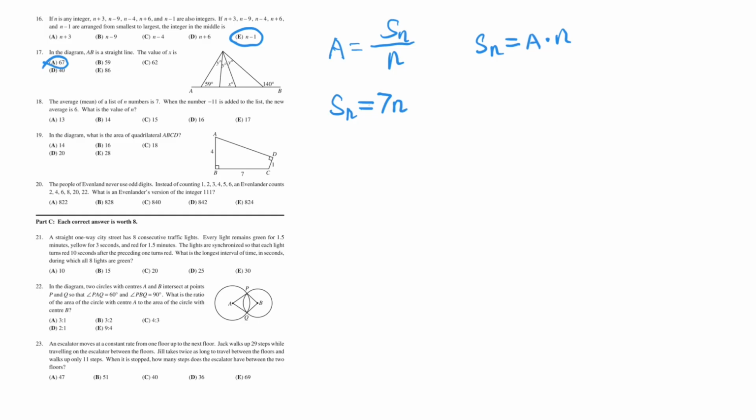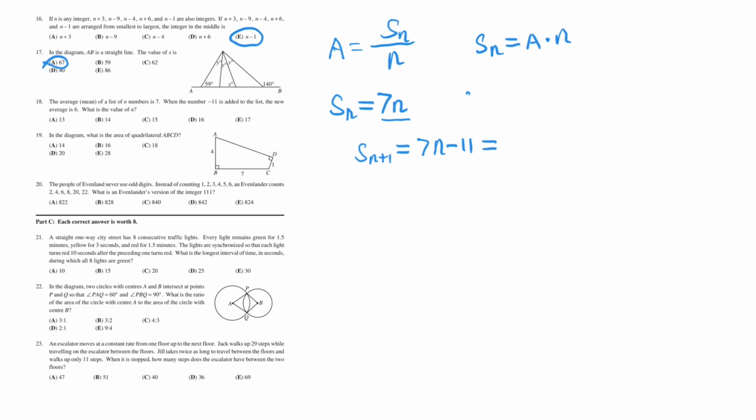Now add the negative 11 to the list. So right now the number of numbers is n plus 1. And the first n numbers sum to 7n. We add the negative 11, and that's the new sum.